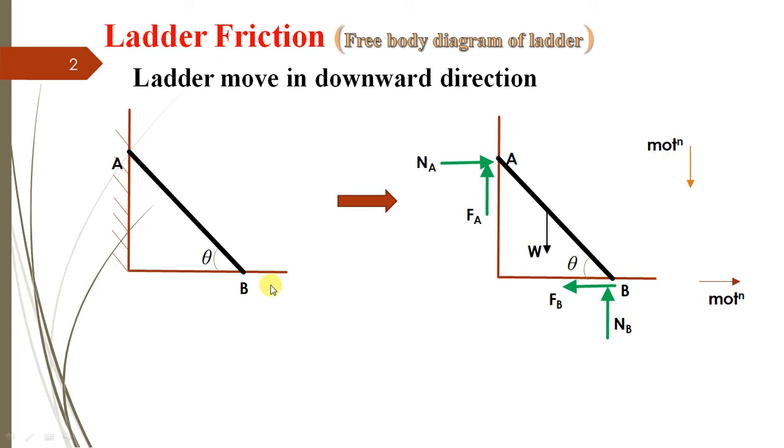Ladder AB makes an angle theta with respect to the ground, or we can say with respect to the horizontal. Here it is mentioned that the wall is not smooth.